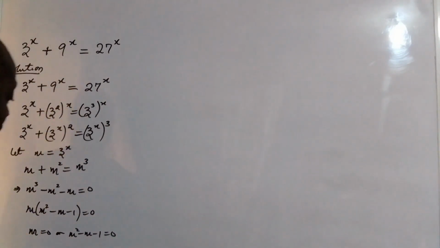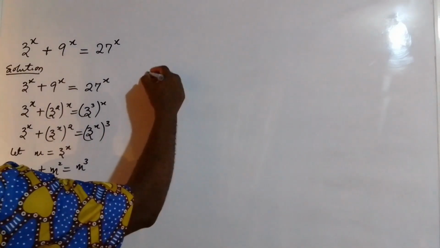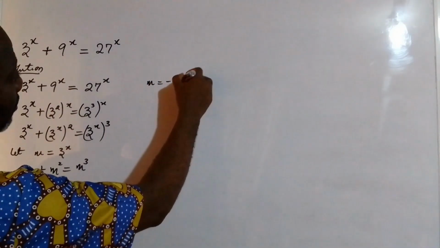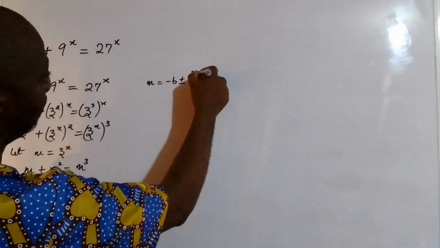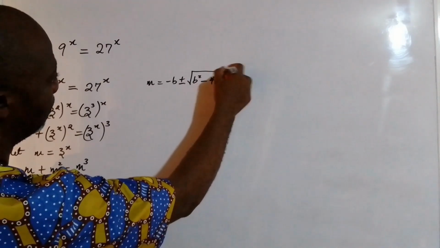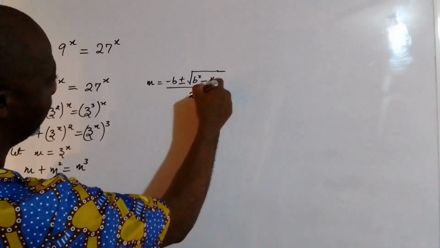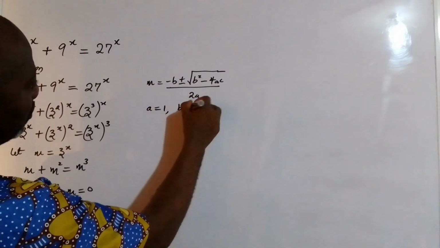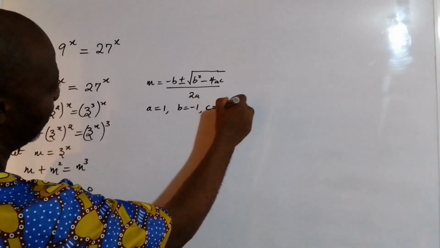The quadratic formula is m equal to minus b plus or minus the square root of b squared minus 4ac, all over 2a, where a is equal to 1, b is equal to minus 1, and c is minus 1.